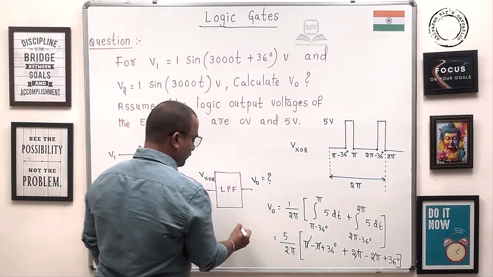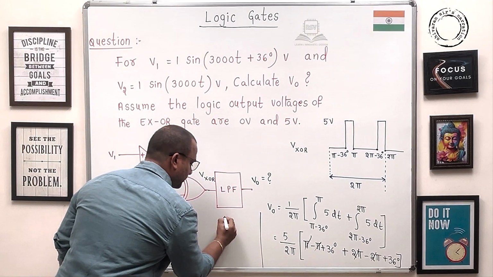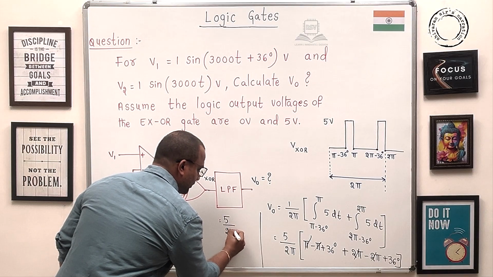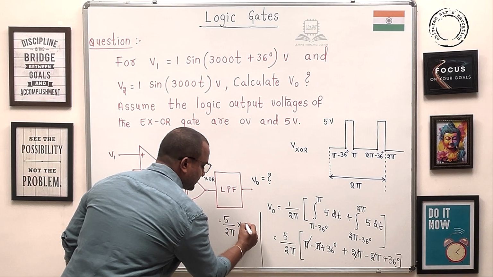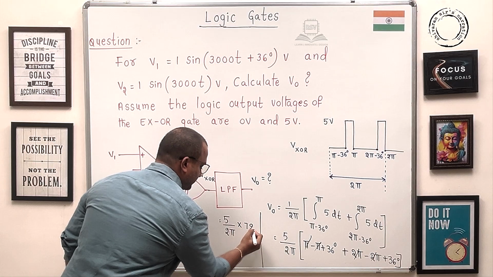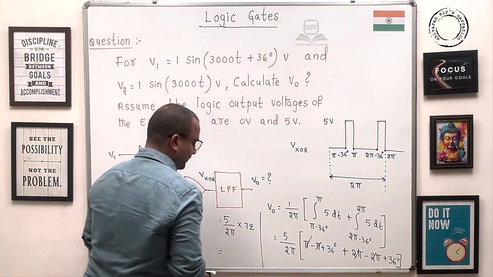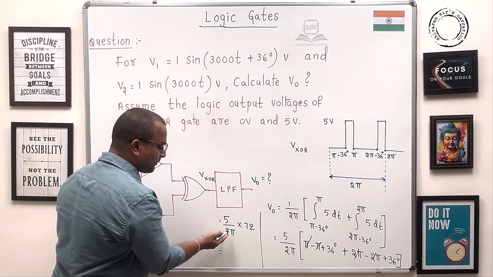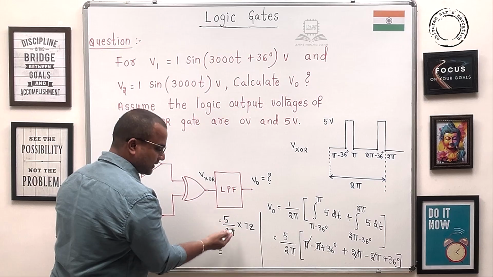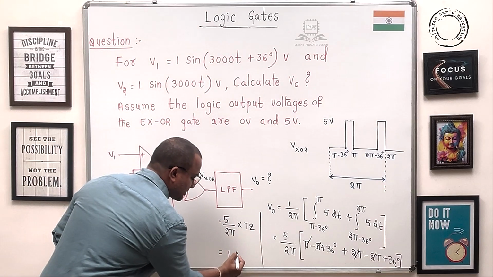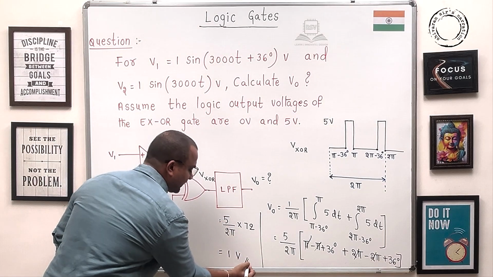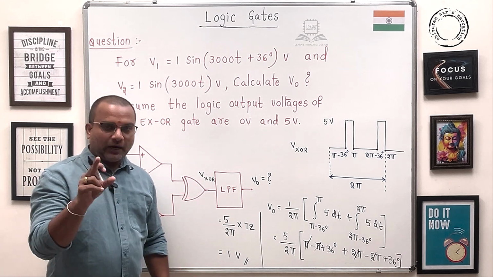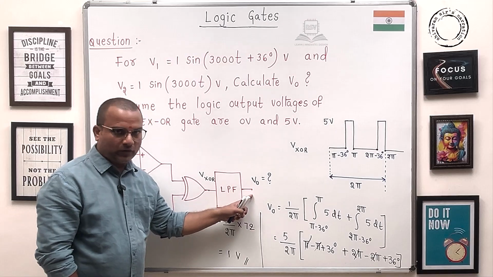It is 5 by 2 pi into 36 plus 36, 72. Then here, 5 into 72 is 360, over 2 pi, 360. 360 gets cancelled. It's 1 volt. That's it. So for this given design, the output is 1 volt.